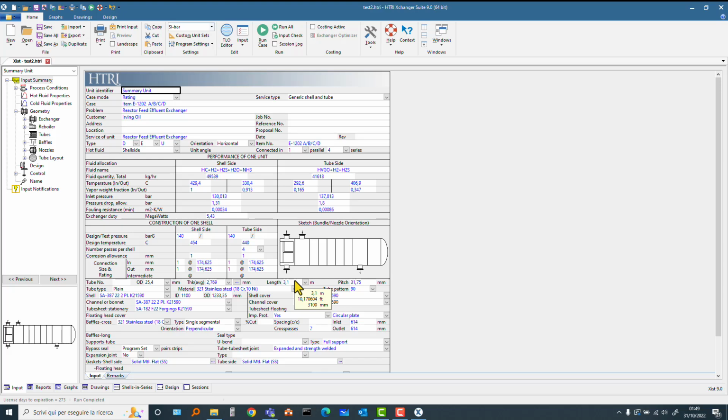The tube material is 321 stainless steel, while the remainder of the exchanger is made of low alloy steel, which is a 2.5% chrome steel, which of course is the right steel for that temperature range.